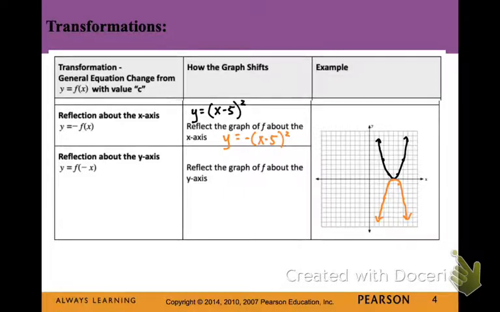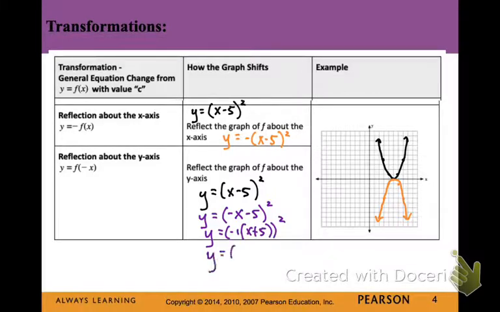Now when we reflect about the y-axis, if you look at the general function, it's y equals f of negative x. So in this case, we start with our same original function, and then we multiply just the x by a negative. Now, before I graph that, I'm going to do a little cleaning up. So the first thing I'm going to do in the parentheses is I'm going to factor out a negative 1.